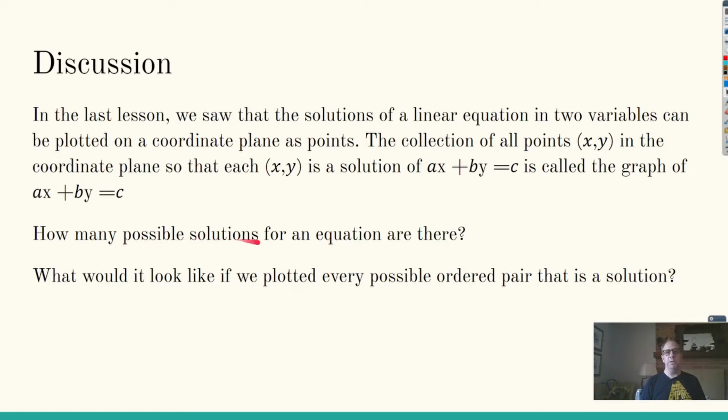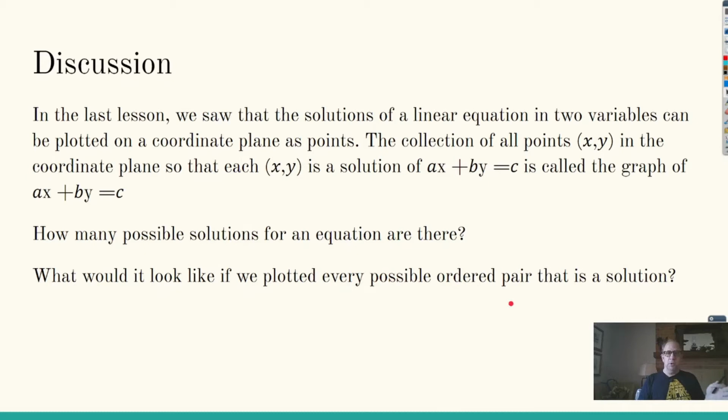So how many possible solutions for an equation are there? What would it look like if we plotted every possible ordered pair as a solution? Right? So again, going back to that basketball one, there were only so many different possible ways you can shoot a 2-pointer and a 3-pointer and get 32 points in the game. Okay.